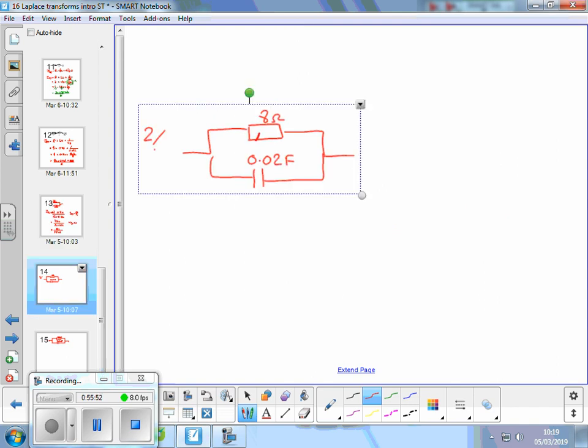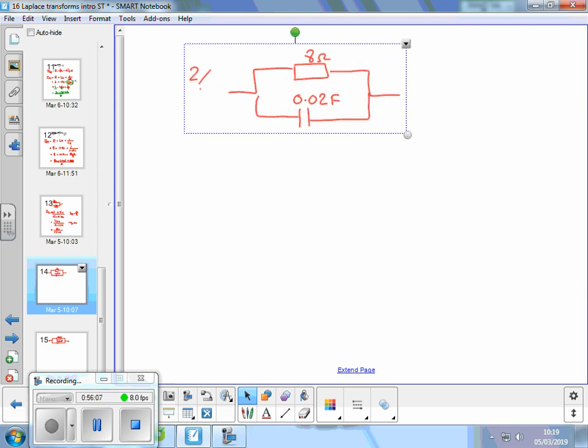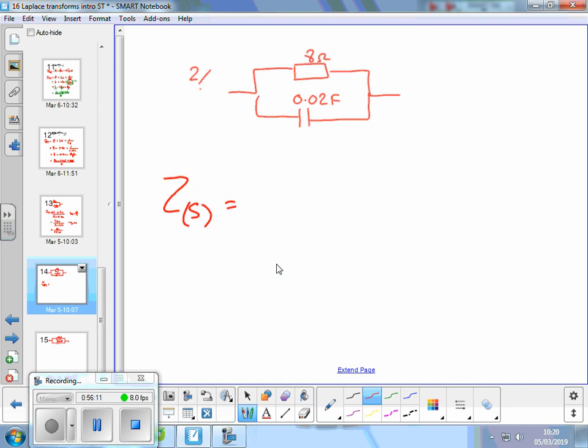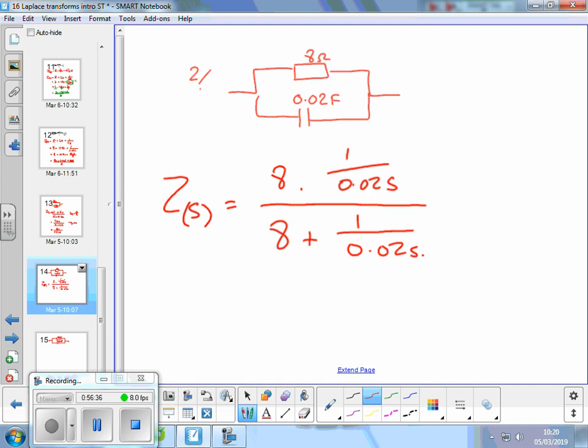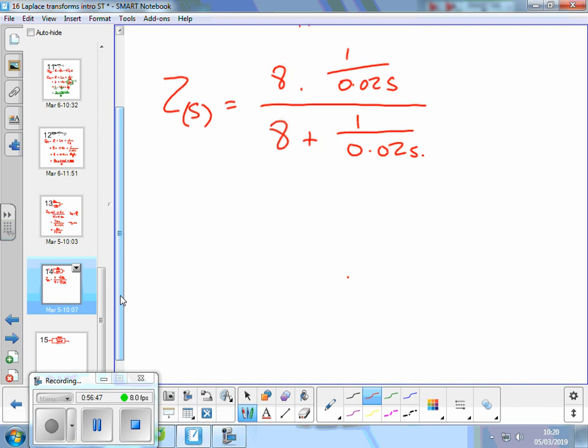Second one. ZS is equal to? Next bit. Tidying up.